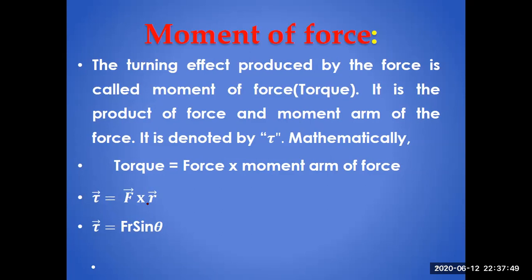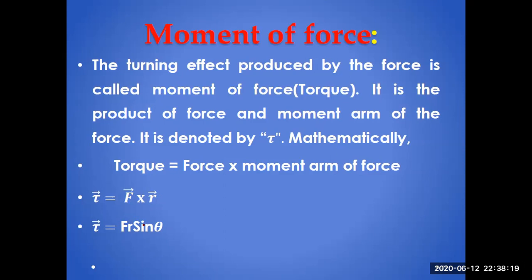But first of all, let's see what the torque is. If you are holding the door and you are trying to open it, this is the distance from the point of rotation to the force. Torque produced is calculated using this formula: tau is equal to F multiplied by R. The cross product is replaced with sine theta, and we have already discussed this in class 9, a few topics back.